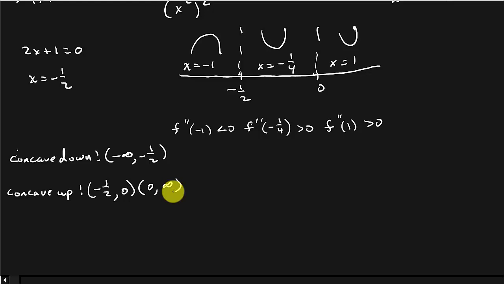All right, so now we have the inflection point. We have an inflection point at -1/2, and f of -1/2, that's going to be e to the 1 over -1/2, which is e to the -2. All right, so there's our inflection point.